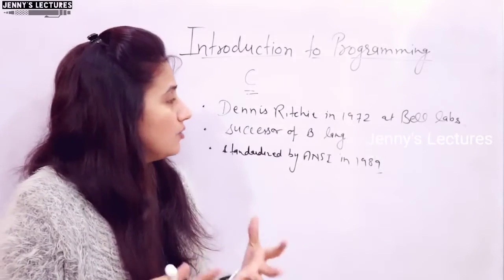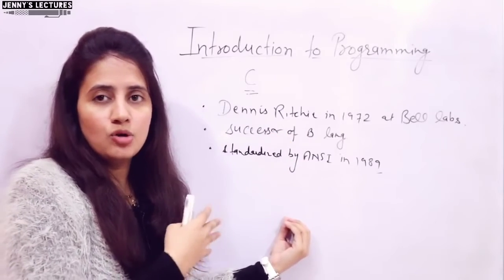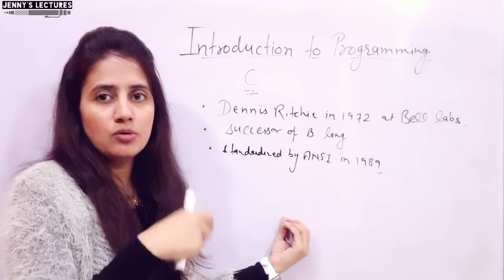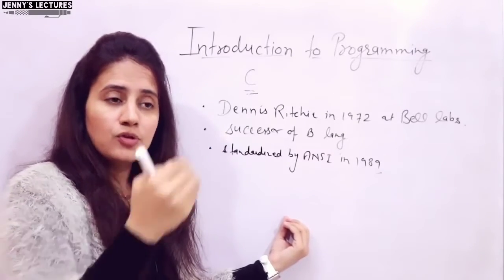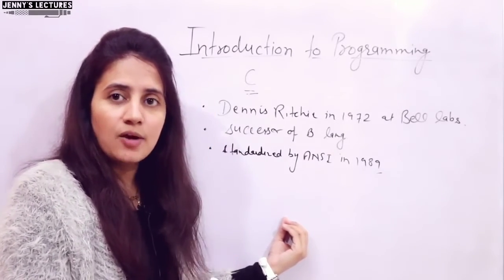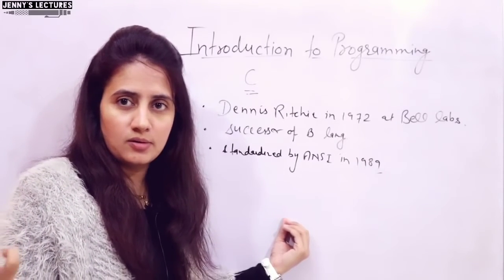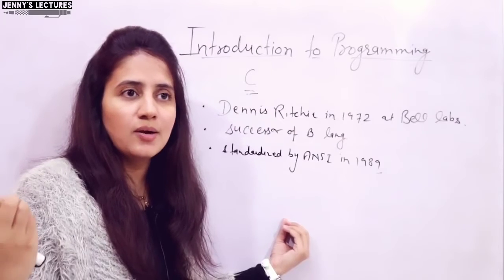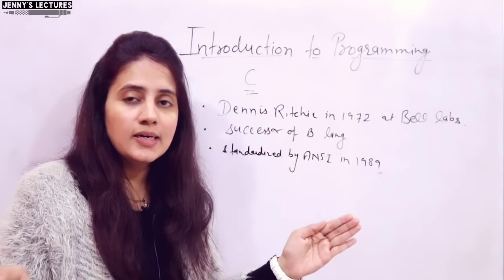And see how the computer is going to understand whatever we write in C language, because here it is not machine level language. Here we are not going to write a bunch of zeros and ones, right? So first of all, the program that you write in C language has to be converted into the object file or object code, or you can say machine code, zeros and ones. And who is going to convert it?